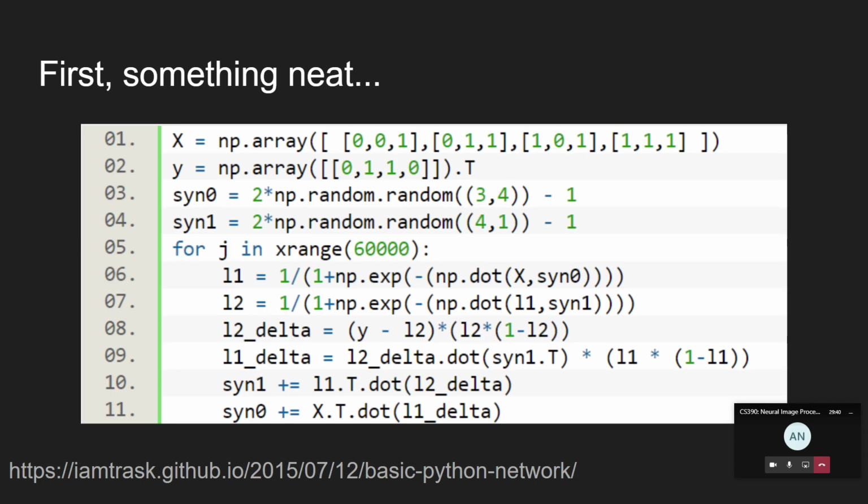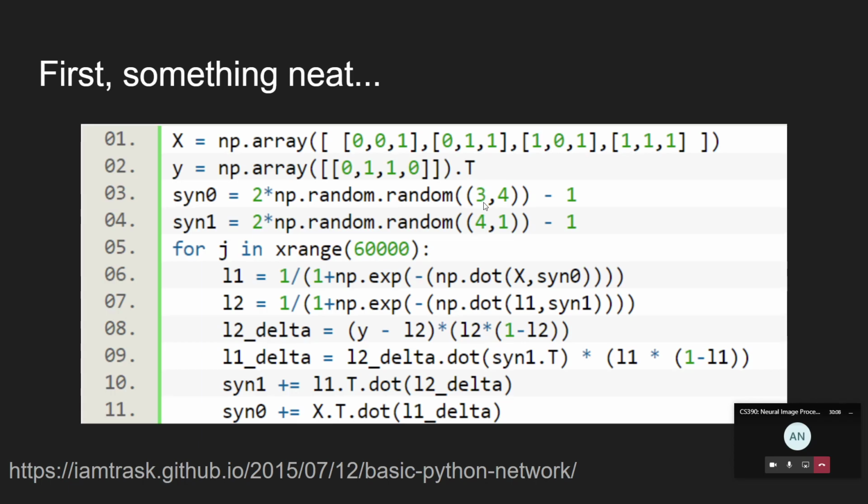Yeah, that's the weights. In this case, they initialized it randomly with a few extra little modifications, but don't worry about that. And that's the weights we have. And then we do this for loop 60,000 times. In this case, that's epochs. So this is the number of times we're going through our samples here.